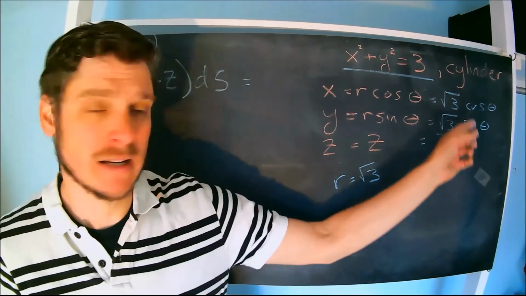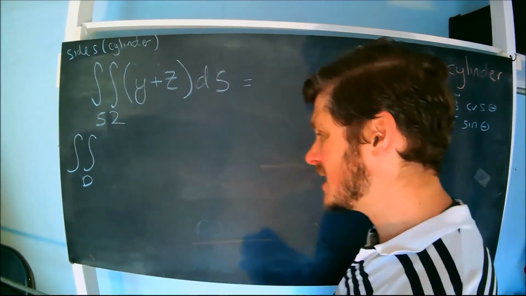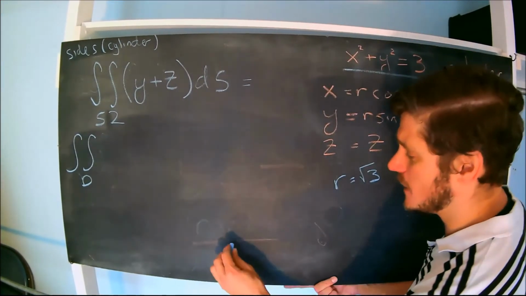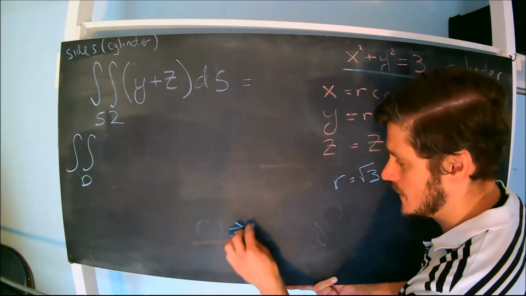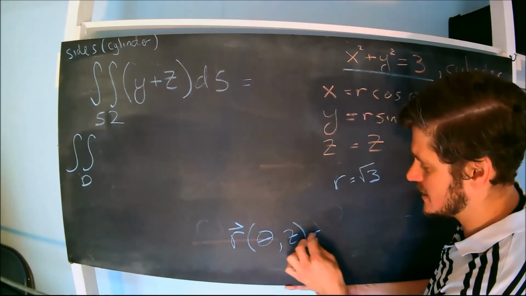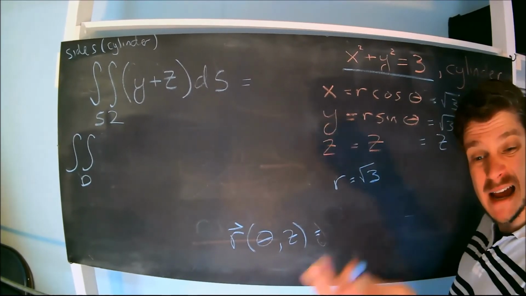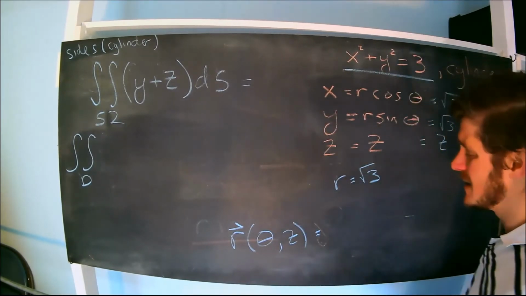And we still only have our two variables then, thetas and z's. And because we now have it in terms of just thetas and z's, I can now actually parameterize my vector function r as a function of theta and z, where we have our i hat component, our j hat component, and our k hat component.